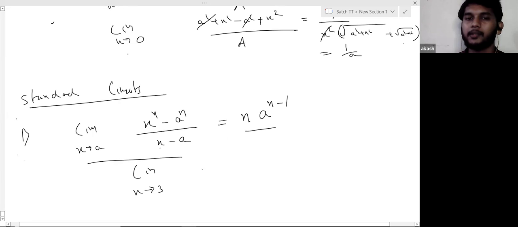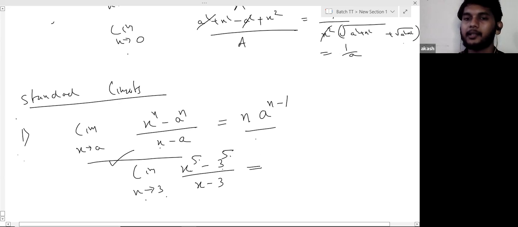For example, limit x tending to 3, x raised to the power 5 minus 3 raised to the power 5 upon x minus 3. We cannot factorize this easily. You will have to use long division, etc. But it is better to use this formula. This is the same pattern, x raised to the power 5 minus 3 raised to the power 5, x tending to 3.